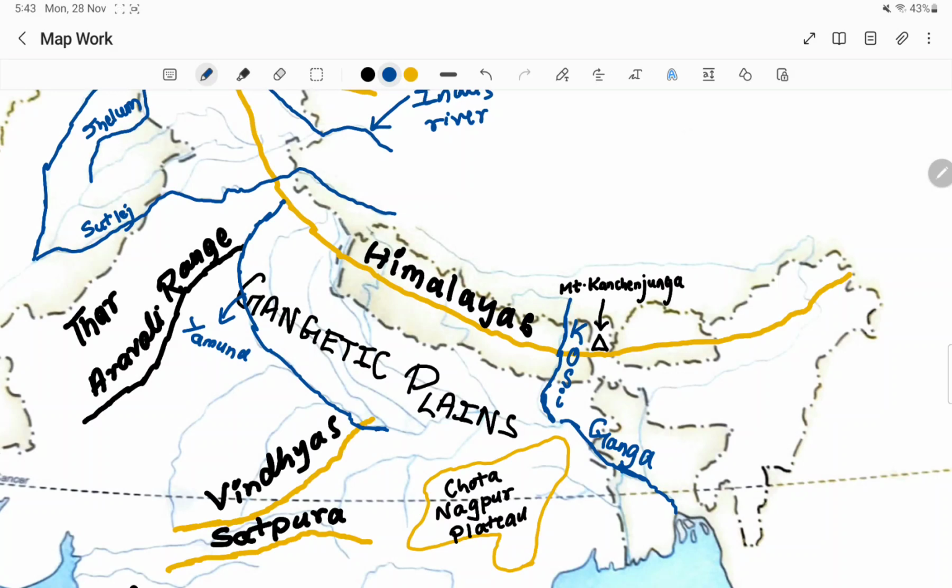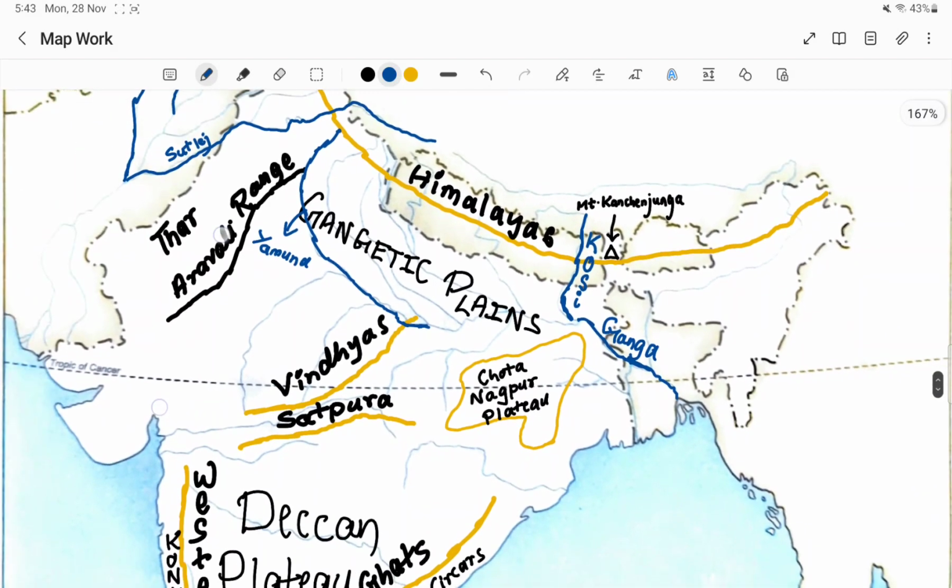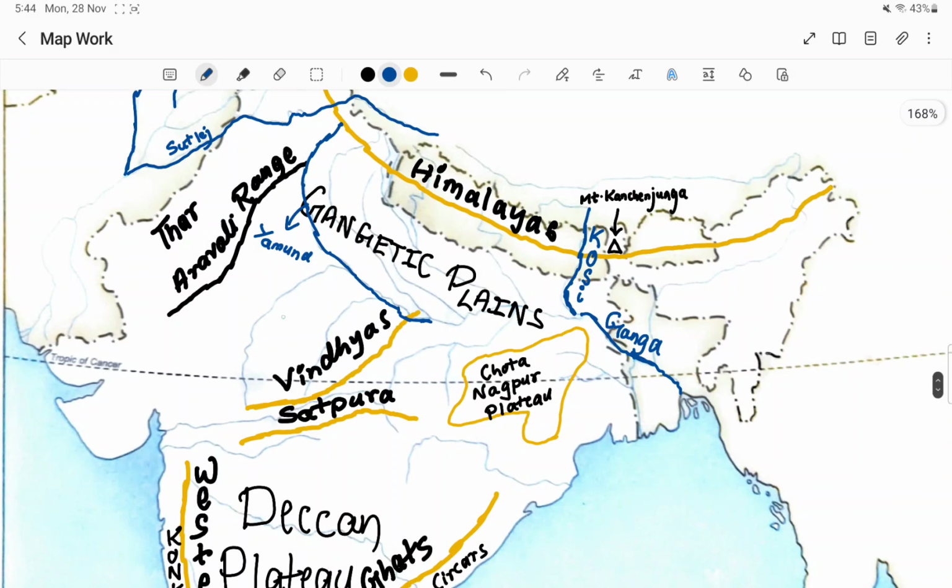Now after this, next topic is the Chambal River. So this is our Chambal River. Next river will be the Betwa River.